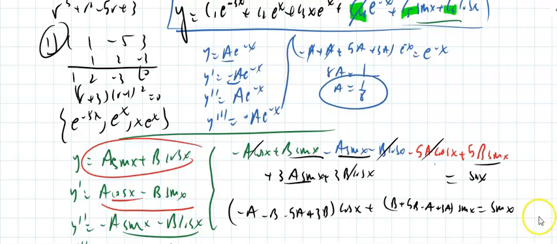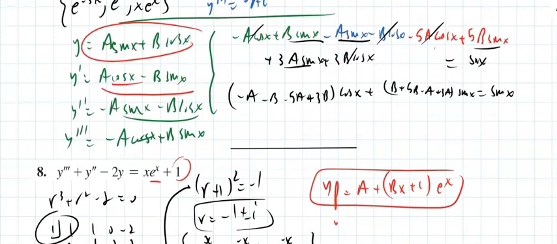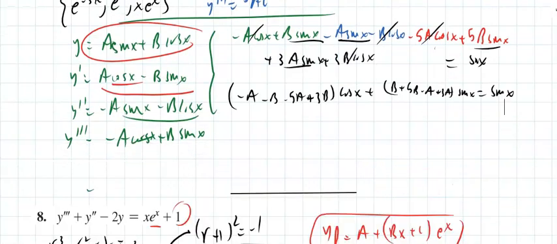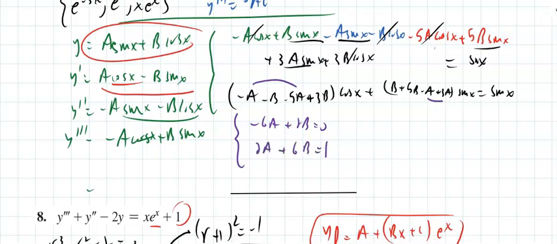So the numbers in front of the cosine must be 0. And the numbers in front of the sine must equal 1. And we get that from setting the equations equal.